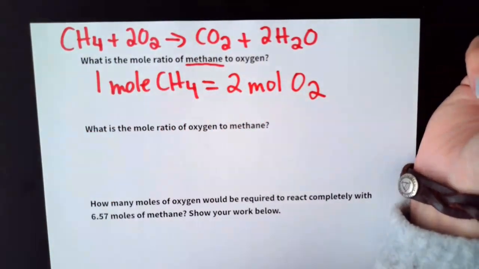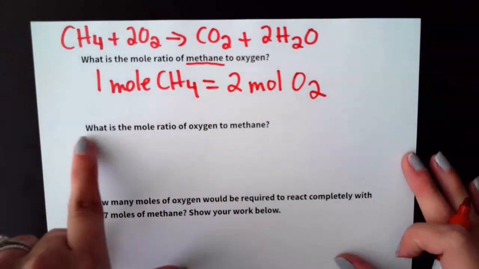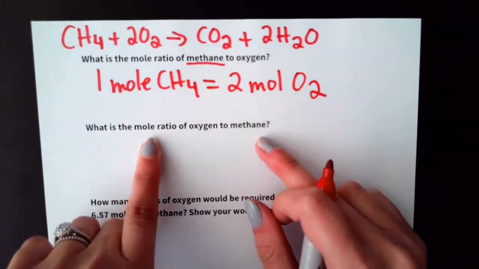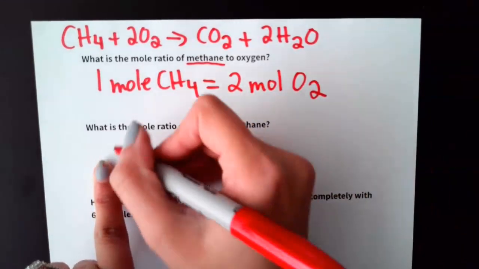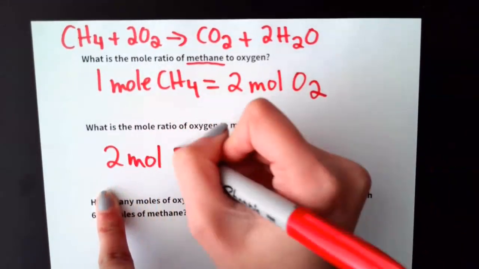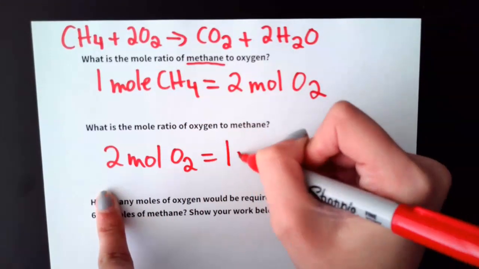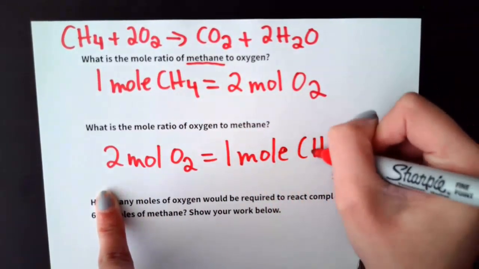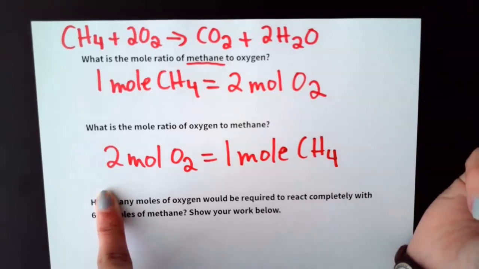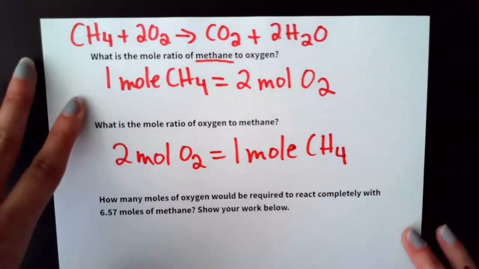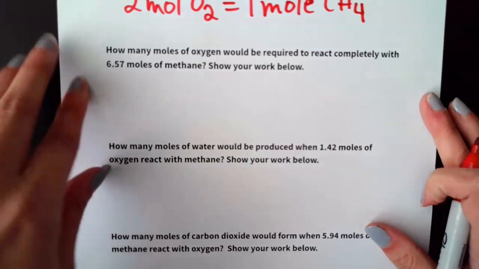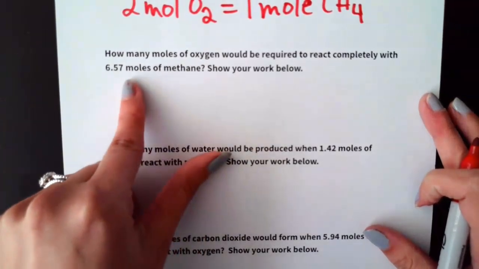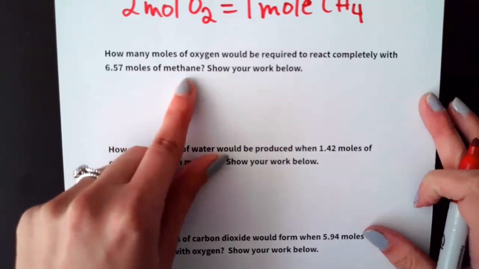Okay? Then, what is the mole ratio of oxygen to methane? So now, since we're starting with oxygen, we would have oxygen first equals 1 mole of CH4. Okay? Now, how many moles of oxygen would be required to react completely with 6.57 moles of methane?